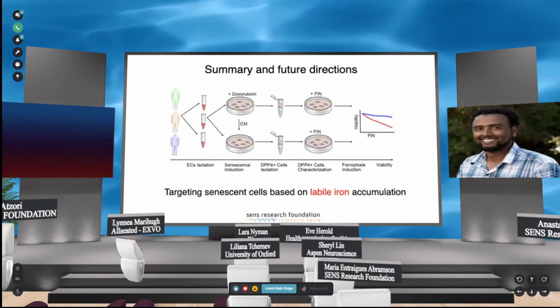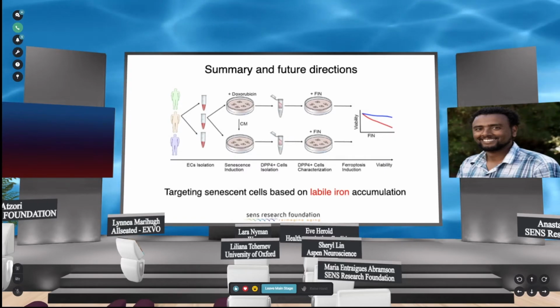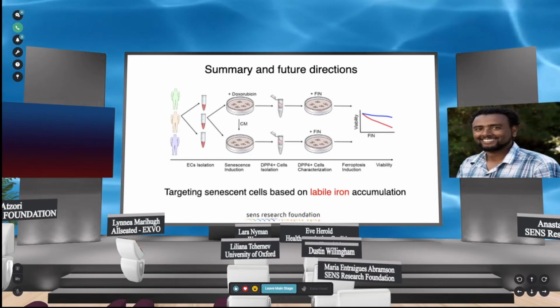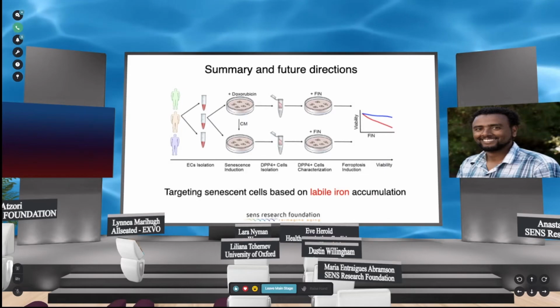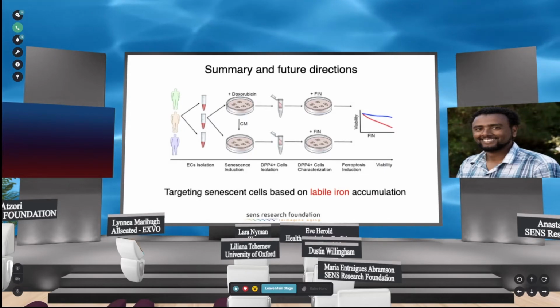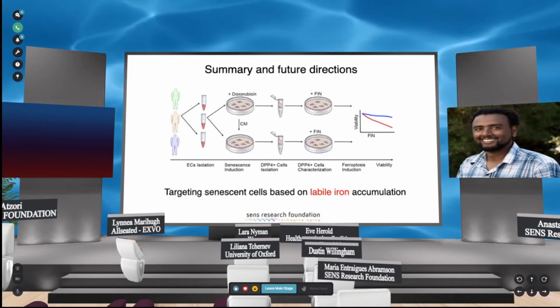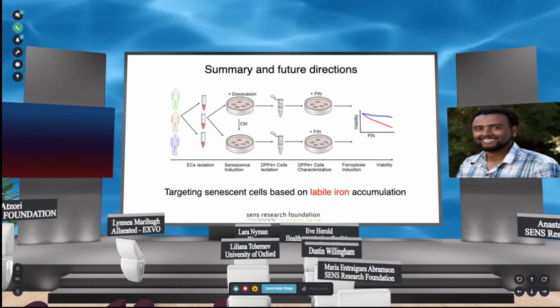The other important thing that we are currently working on is that because we know that these senescent cells have a high level of iron accumulation, can we use this as an advantage to remove the senescent cells based on their iron accumulation? For this, we have preliminary data, but I'm not going to present it today because it is still an ongoing experiment.